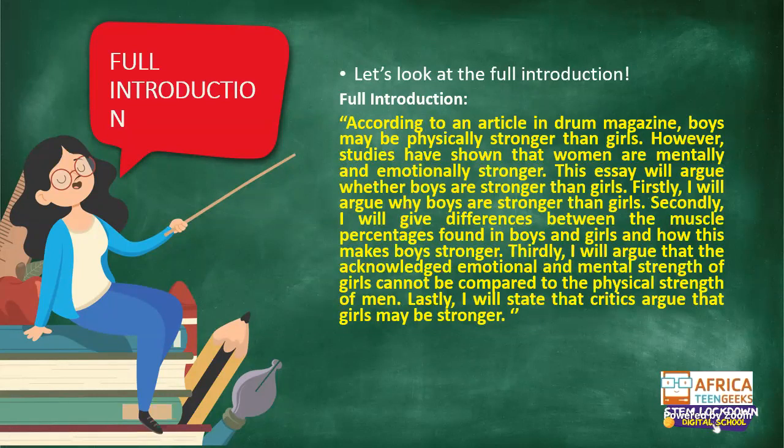And thirdly, I will argue that the acknowledged emotional and mental strength of girls cannot be compared to the physical strength of men. Lastly, I will state that critics argue that girls may be stronger.